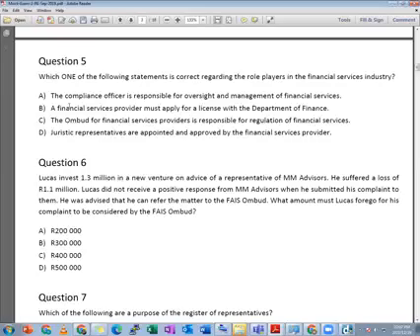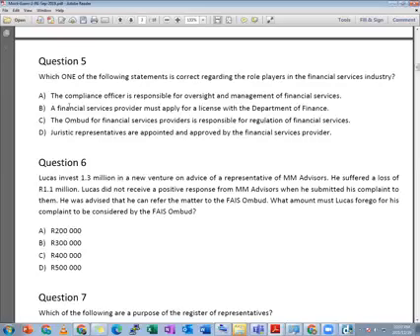No, we apply with the registration departments. So if you go through those departments in that table and you see what each department does, then you will know that C: the Ombud for financial service providers is responsible for regulation of financial services. No, they are responsible for adjudicating and assisting with complaints, right?